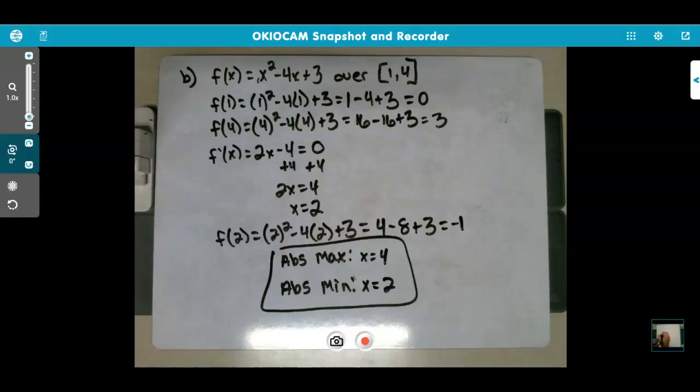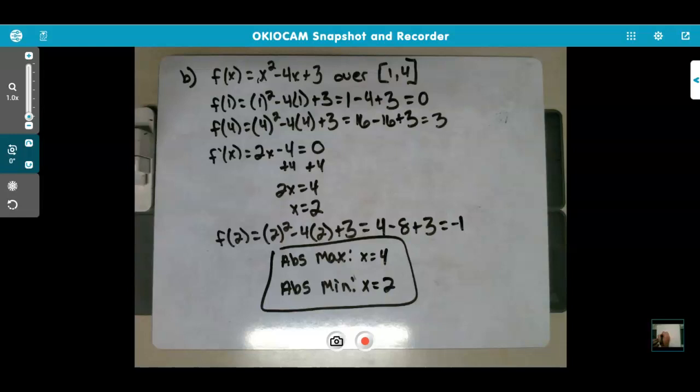One more example. So this would be part C. Minus 3x to the 2/3 over the interval 0 to 2. Okay, first thing, plug in 0. f of 0, 0 squared minus 3 times 0 to the 2/3, which is 0 minus 0. So that's what I get there.